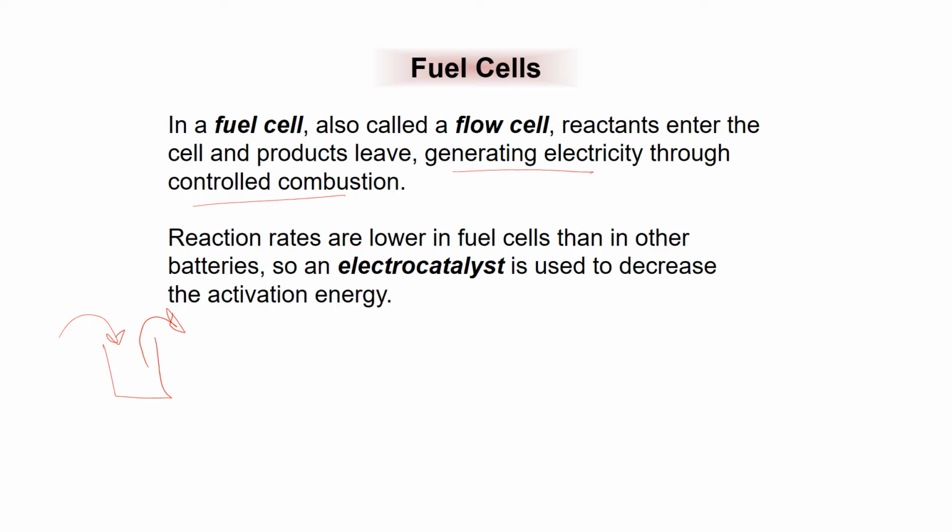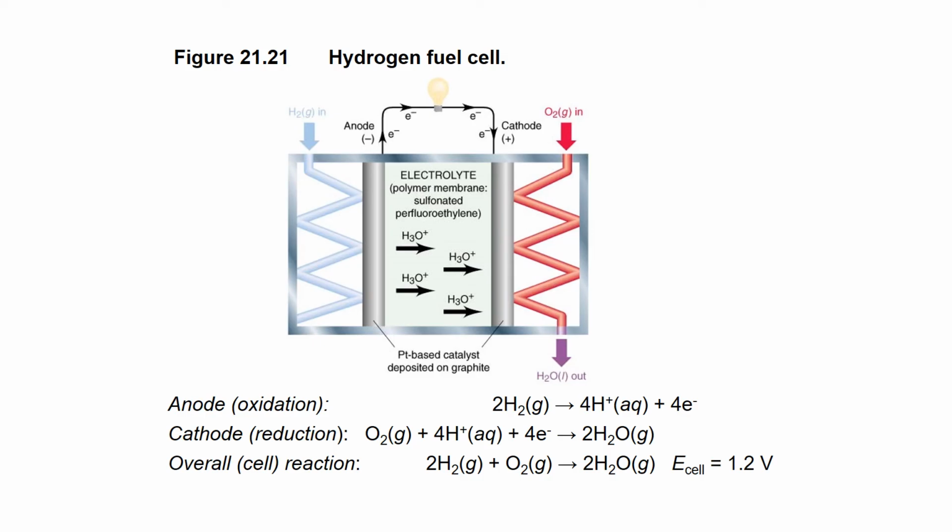Reaction rates are lower in fuel cells than in other batteries, so an electrocatalyst must be used to lower the activation energy. So the energy barrier that we have is lowered by this electrocatalyst.